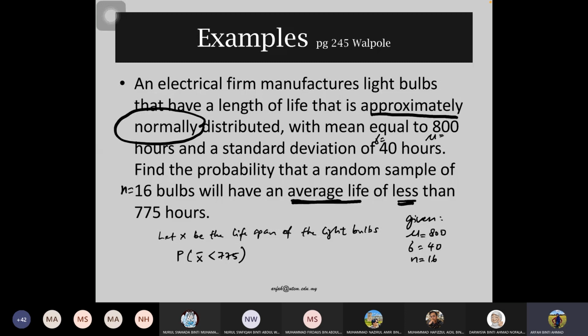Okay. So for this example, given mu equal to 800, sigma equal to 40 dan sample selected n sama dengan 16. So, kita nak probability of x bar less than 775. Okay. Transform to standard normal.